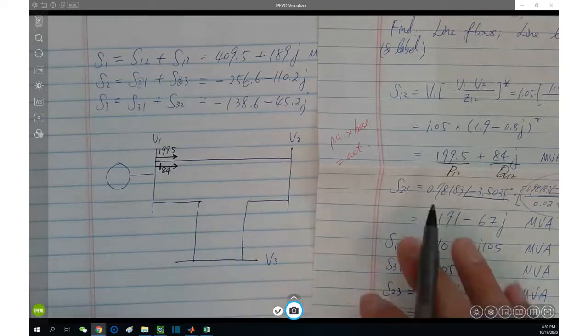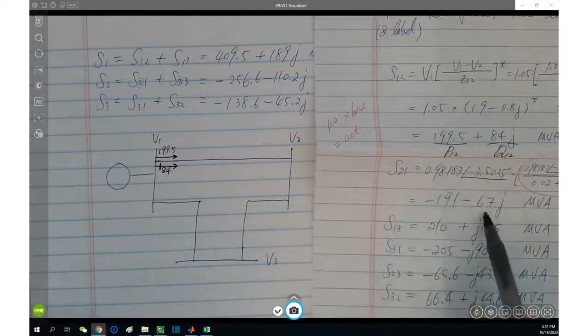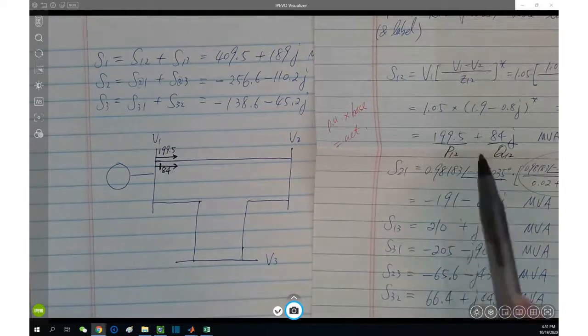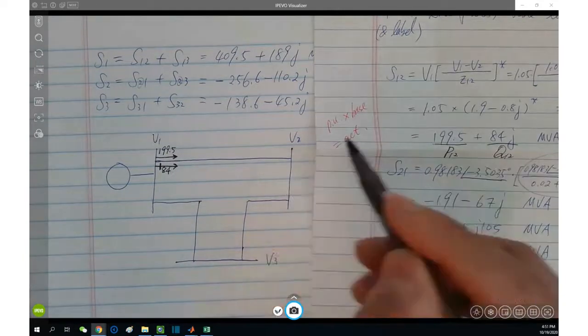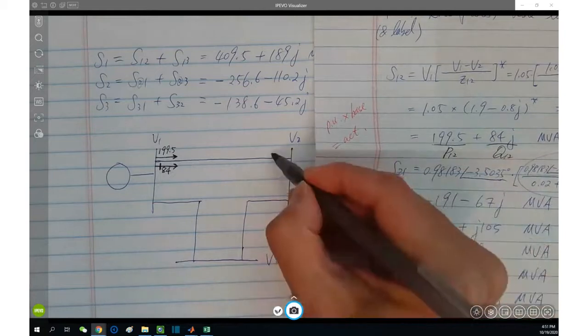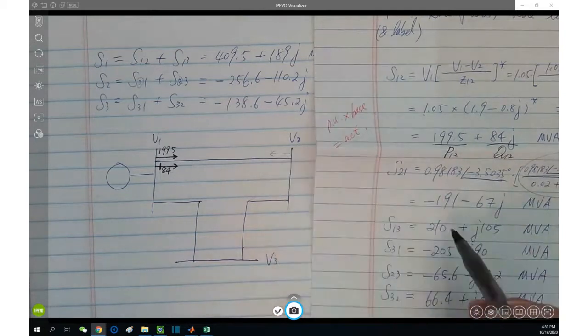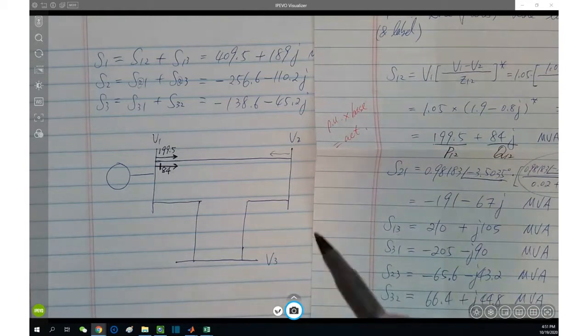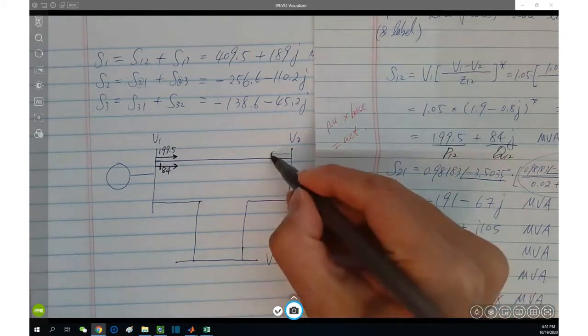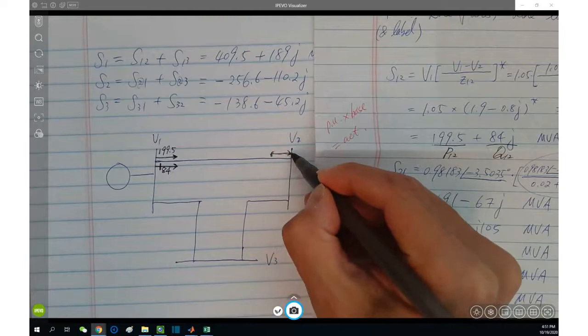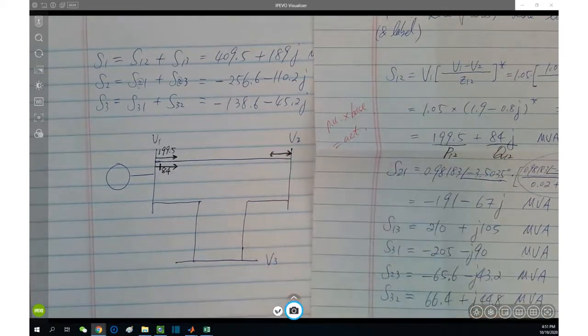S21 is similar. S21 is over here, this value, right? That's S21. It's supposed to be S21 from 2 towards 1, right? However, look at the value, it's a negative value. So what do we do? We flip the direction of the arrow and label the positive value.